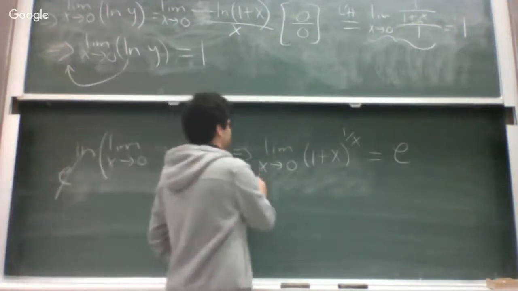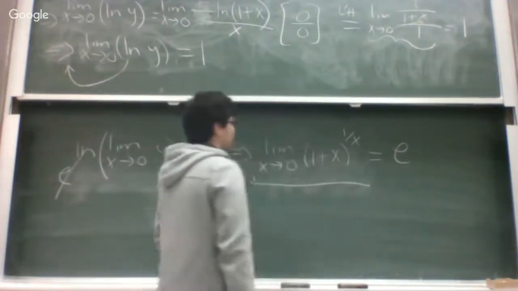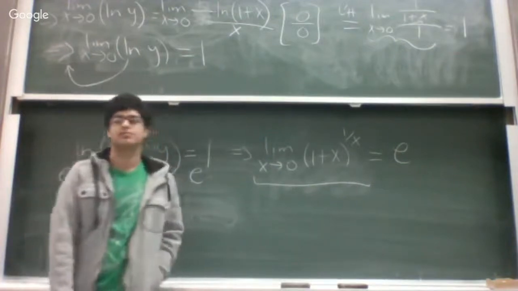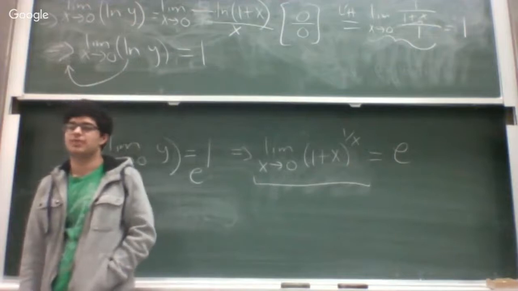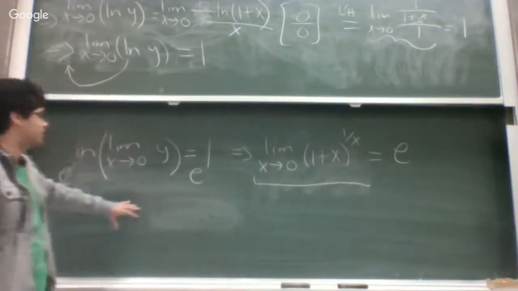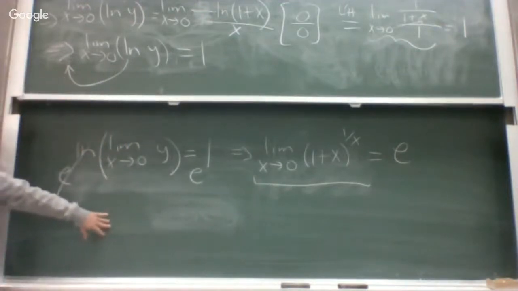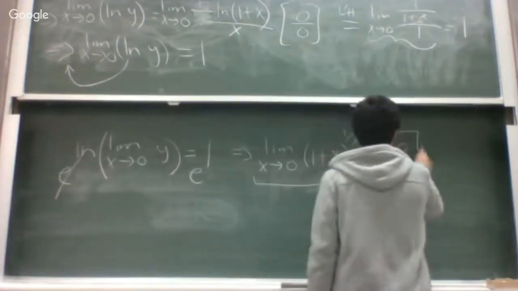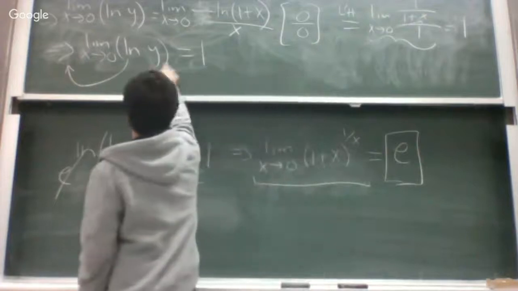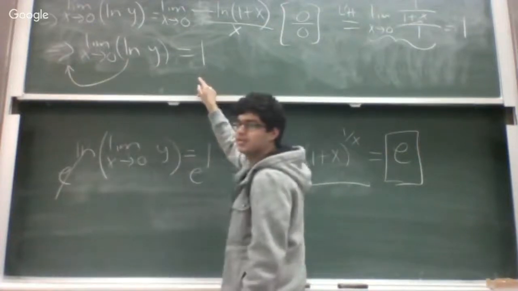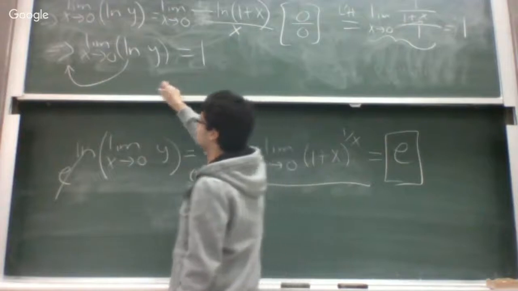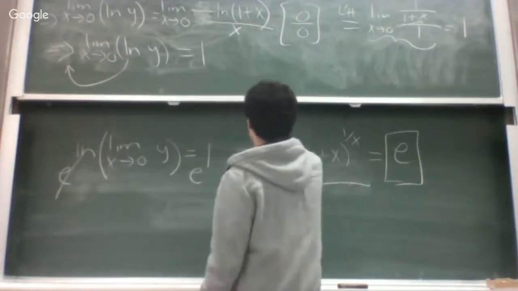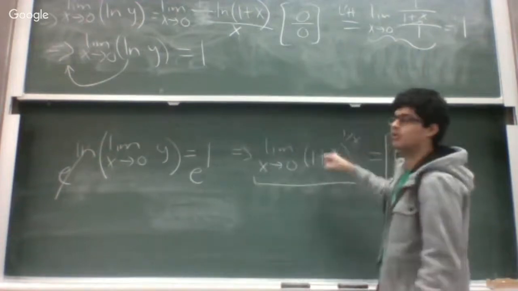And this is actually a very famous definition of e: 1 plus x to the power 1 over x. Which part are you guys confused on? So our answer isn't 1, our answer is e. The natural log of y is equal to 1 as x approaches 0, but we're trying to find the limit of not the natural log, but of just y alone.